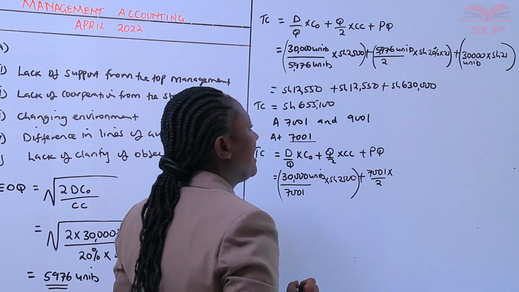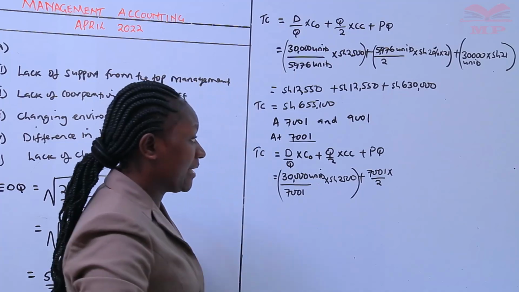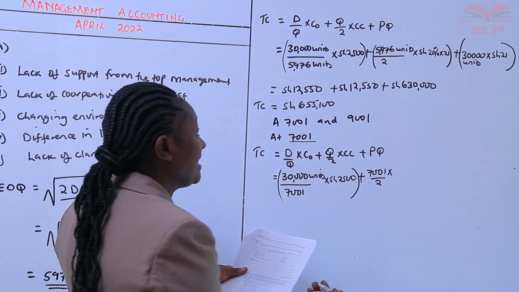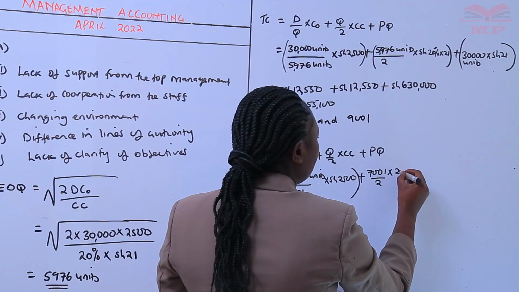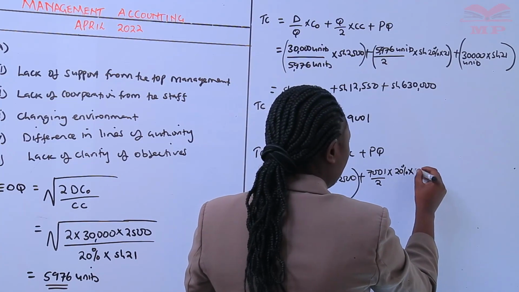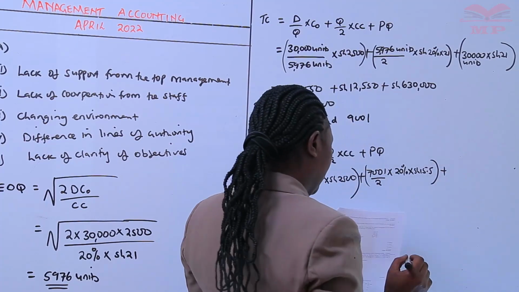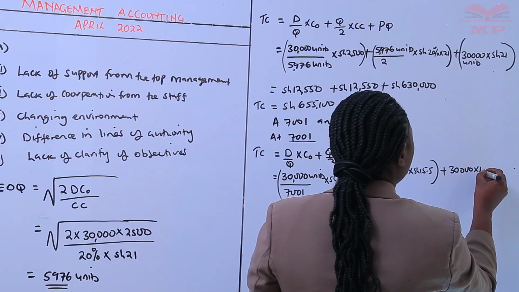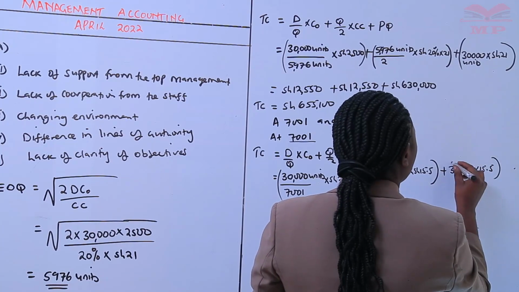Carrying costs are 20% of the purchase price. So when you look at that range, the purchase price is not 21, but it will be 20% of 15.5, plus the purchase cost, which will now be 30,000 times the purchase price of 15.5.